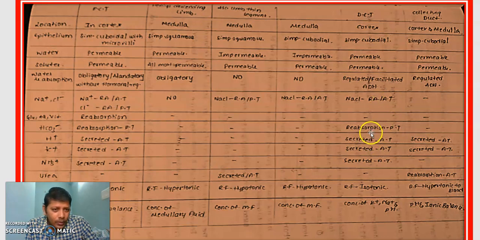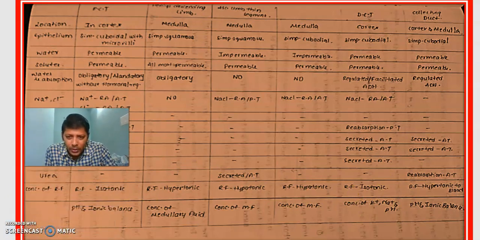Next, reabsorption of HCO3 minus is passive transport. H plus is secreted by active transport, same as in the PCT. The renal fluid is isotonic here; in the PCT also it is isotonic, which means almost the same as blood plasma.